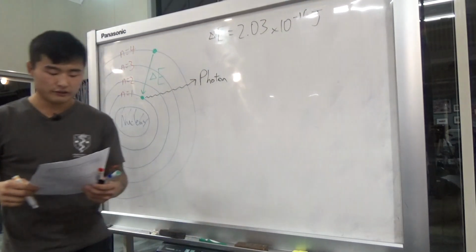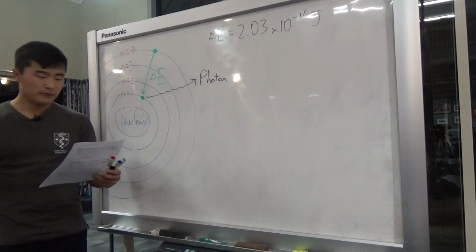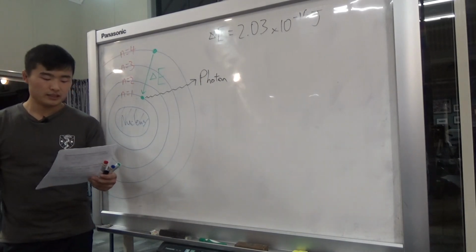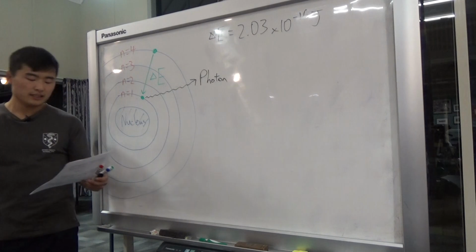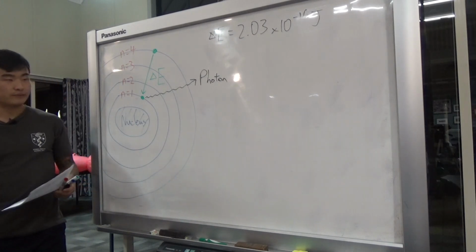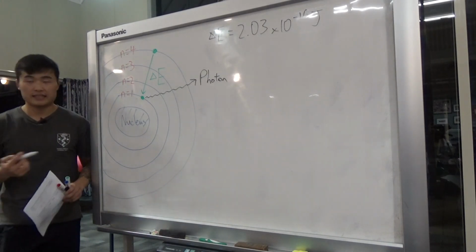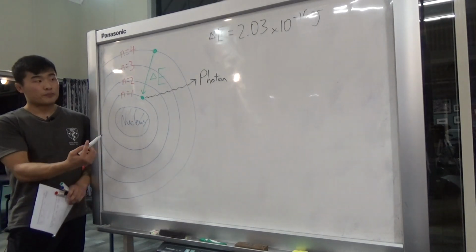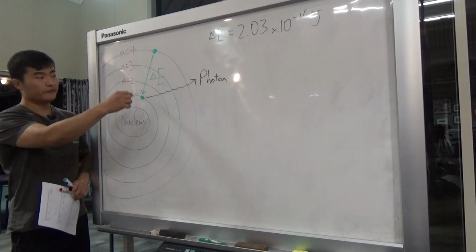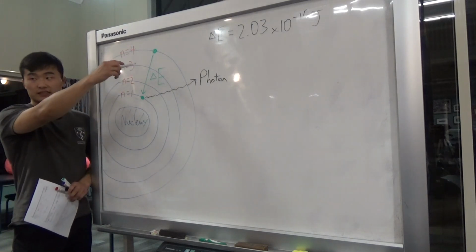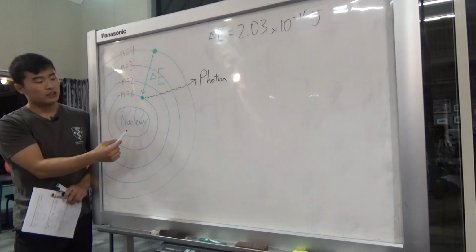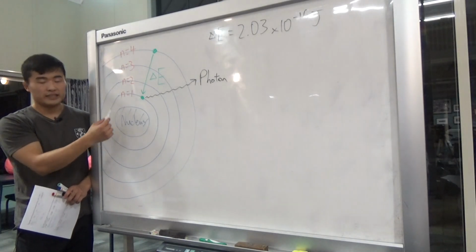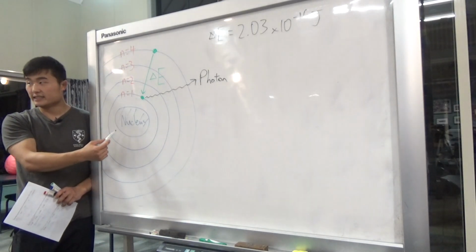The third question, which is following on from our question stem, is: what is the atomic number, Z, of this atom? Remember, the atomic number is the number of protons within this nucleus. The energy difference between these energy levels is going to depend on the number of protons in this nucleus.